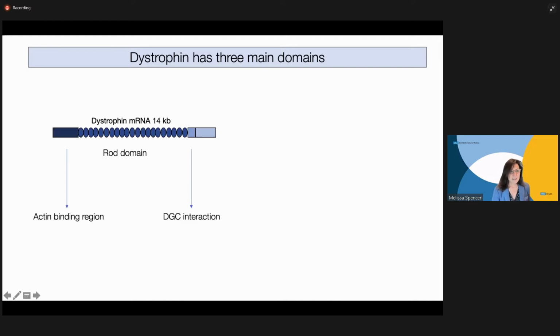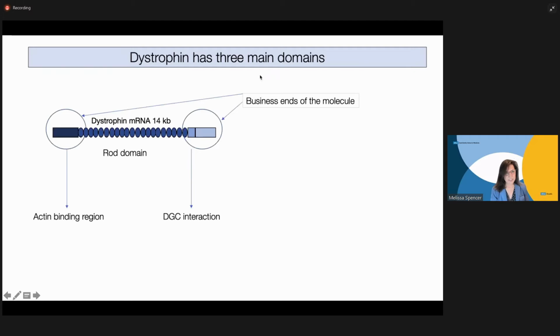It's the spectrin repeats that are thought to give the molecule some spring-like properties, and it's those spring-like properties that help protect the sarcolemmal membrane. But the business ends of the molecule are the N and C terminus.